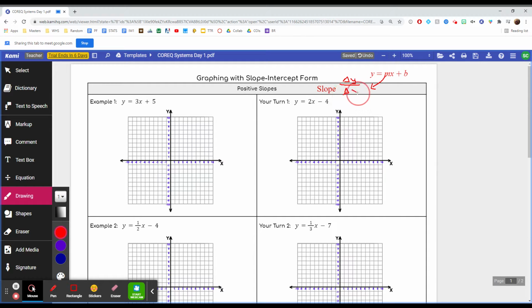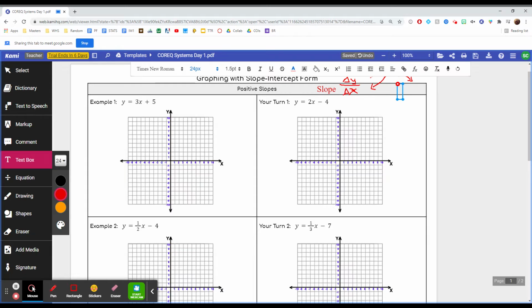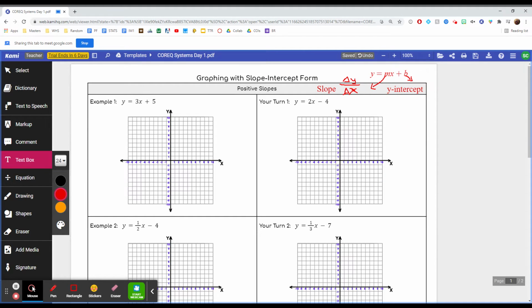If you remember, we looked at how it was changing from one point to the next on the graph. And then we also have the b, which represents our y-intercept, and the y-intercept is the point at which the graph passes through the y-axis.